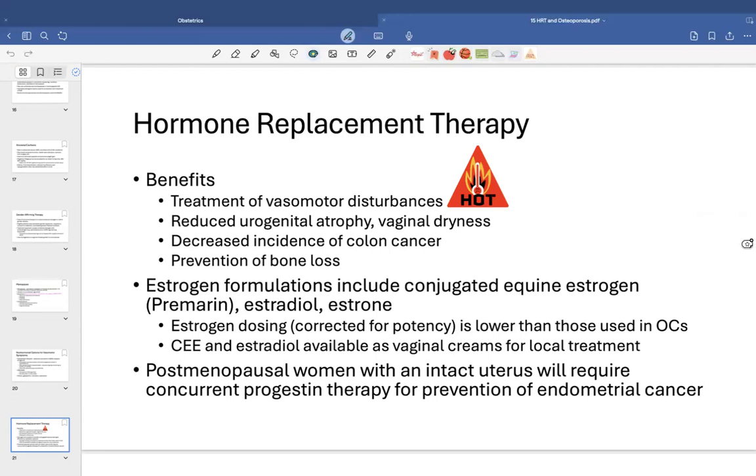You can use the oral route, but the other routes will avoid, of course, the enterohepatic circulation. Vaginal creams can be used locally for vaginal atrophy, and transdermal formulations or other formulations that avoid the GI tract may be helpful, as long as you're keeping that dosing in the hormone replacement range and not the contraceptive range.